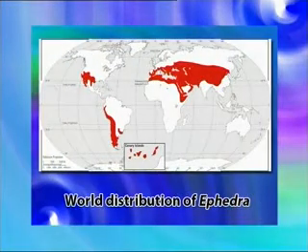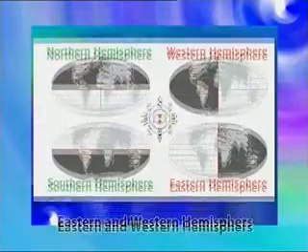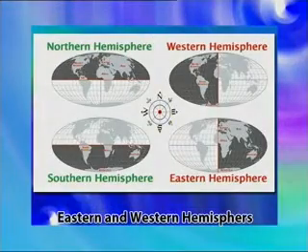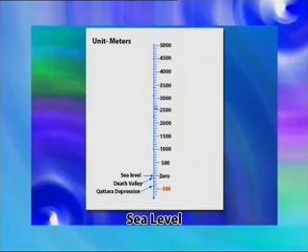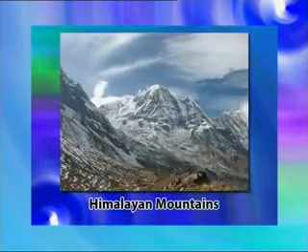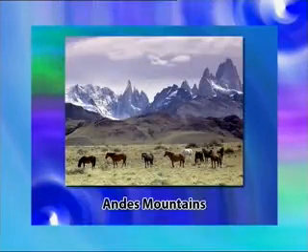Its distribution. Ephedra is represented by 35 to 40 species in the world. The species are widespread and sporadic in distribution in the desert or arid regions of both eastern and western hemispheres of the world. They can grow from sea level to as high as 5,000 meters in the Himalayan and Andes mountains in the eastern hemisphere.